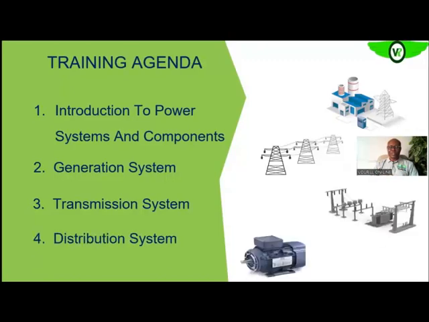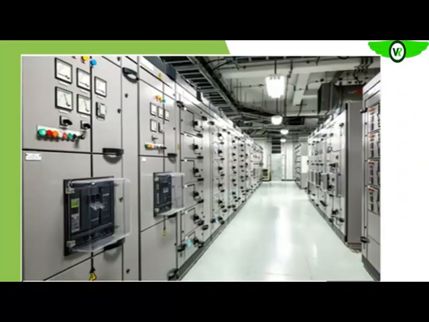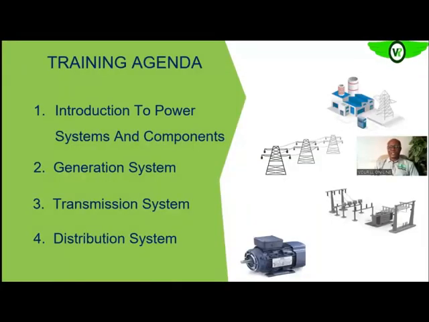Then of course, lastly, we are going to see the distribution system. We'll look at the various equipment we will find in distribution systems, and how we can better operate and maintain the distribution system. We are also going to consider all of this.